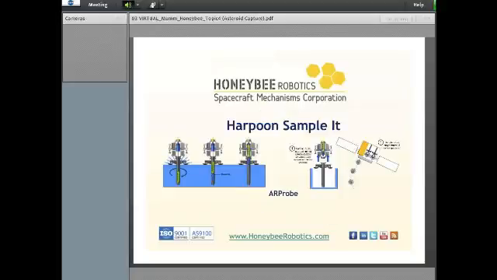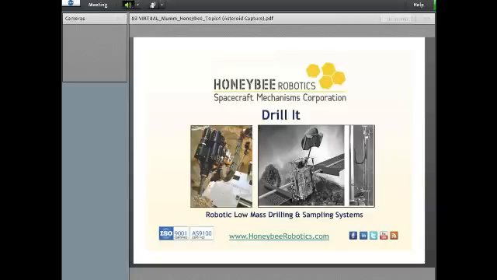We've developed harpoon samplers where you essentially fire a harpoon ballistically at an asteroid and you sample it, and it's tethered, so you reel it back to the spacecraft again, so you could do some science in situ. And we've probably developed more planetary drills than we'd like to admit.